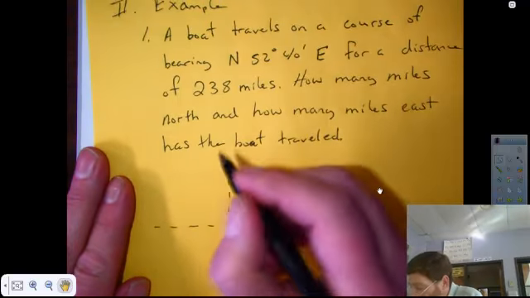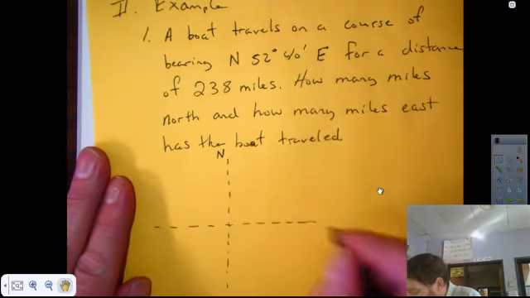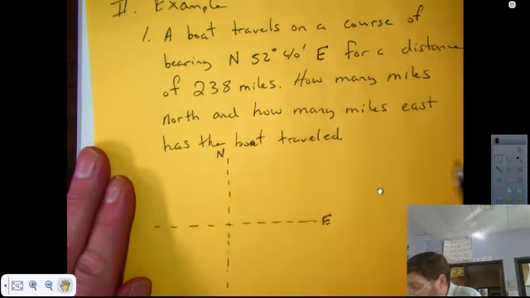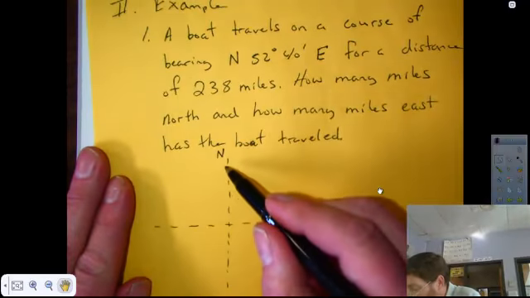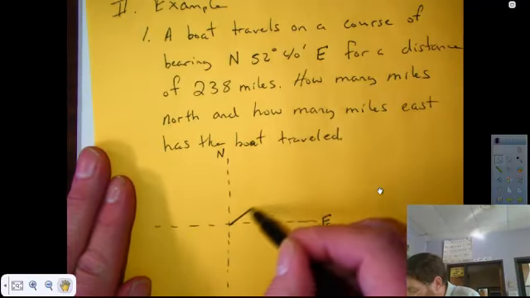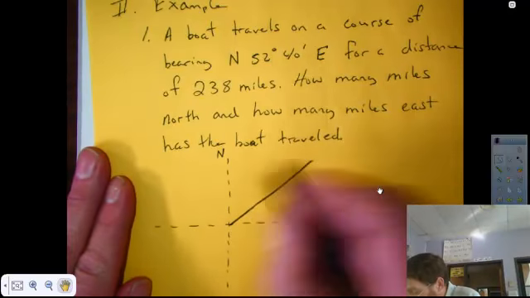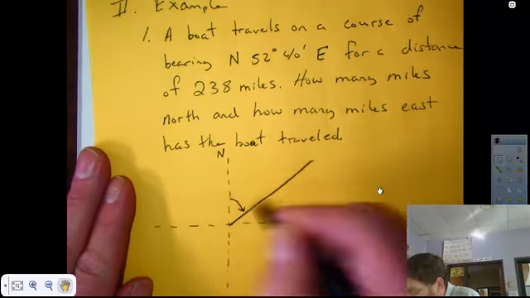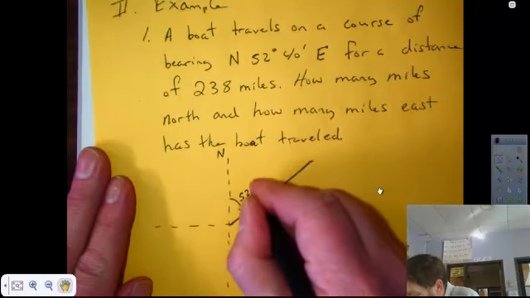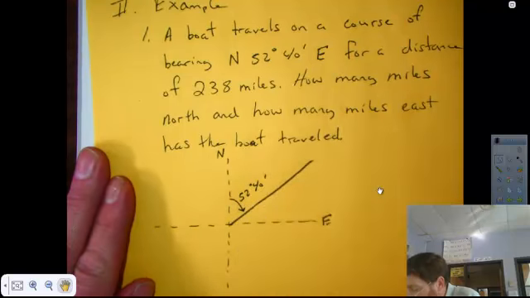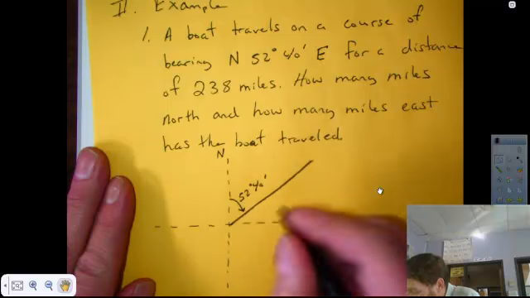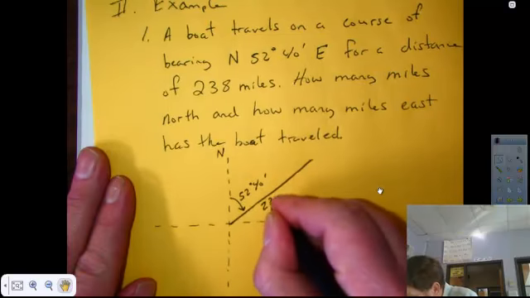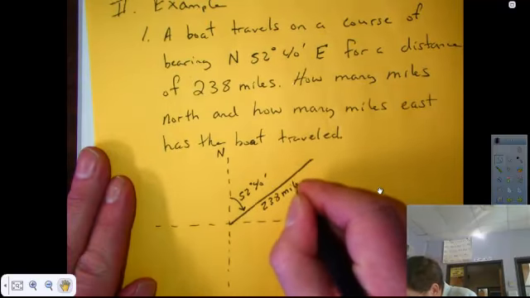So, north and east. From the north, it's 52 degrees, 40 minutes east. So this angle here is 52 degrees, 40 minutes, and then it's traveled 238 miles.